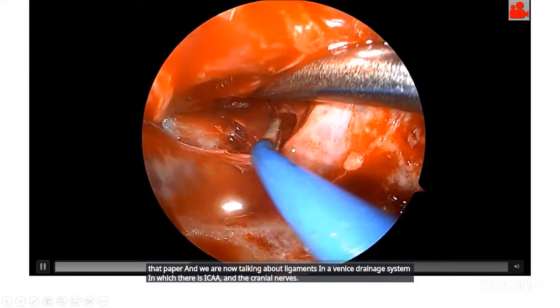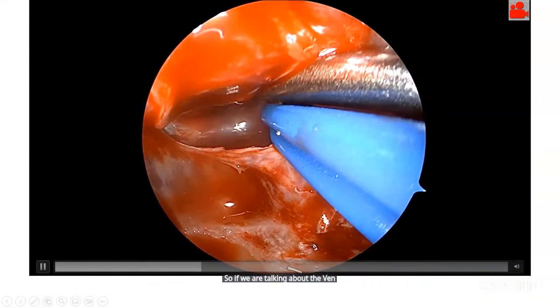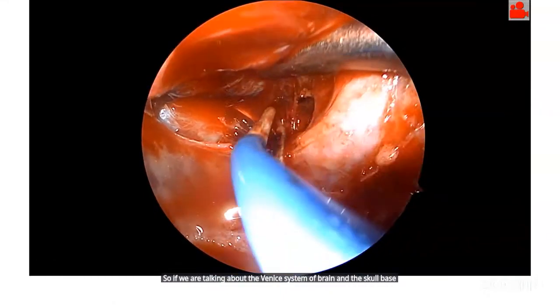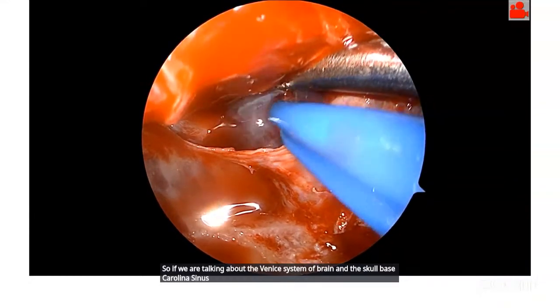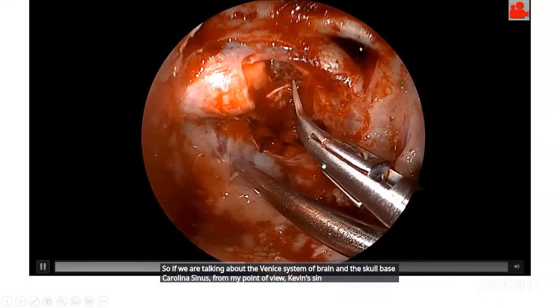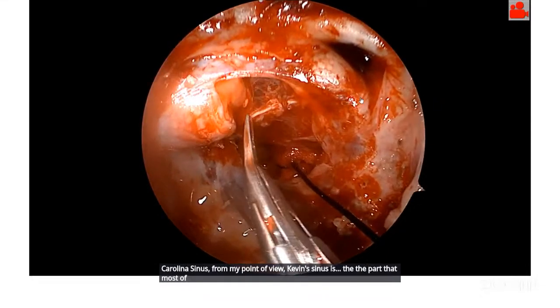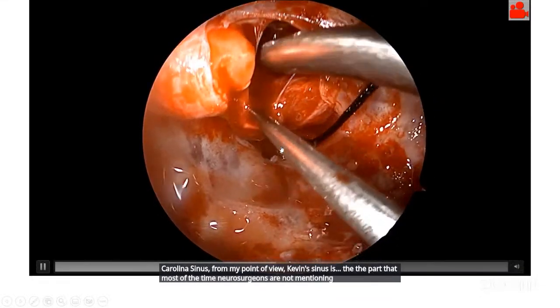If we are talking about the venous system of the brain and the skull base, the cavernous sinus, from my point of view, is the part that most of the time neurosurgeons are not mentioning, but we should talk about that.